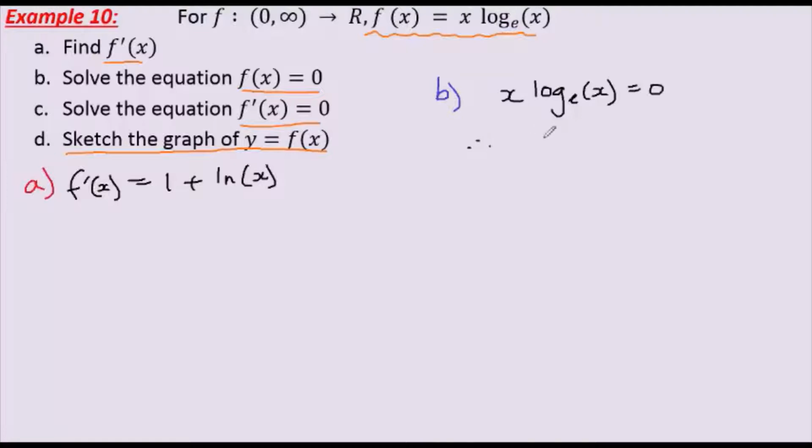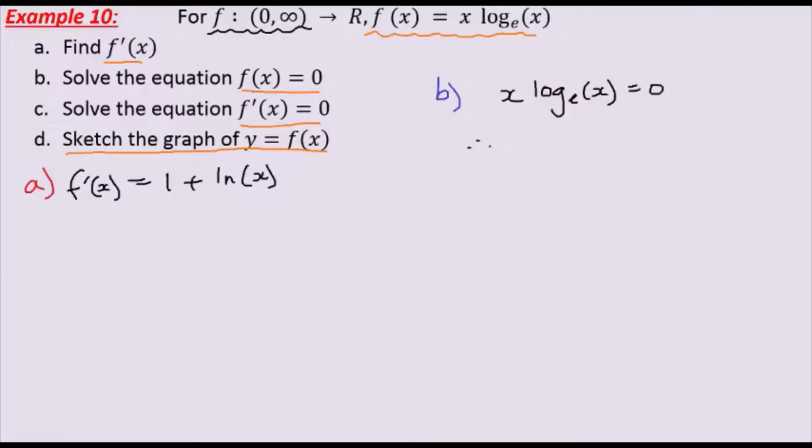This means that we need to have a think about what x is allowed to be and what x isn't allowed to be. And that's given to us up here. So keep this in mind, that x must be greater than 0. So I can't simply say that if x is 0, then this will be 0.